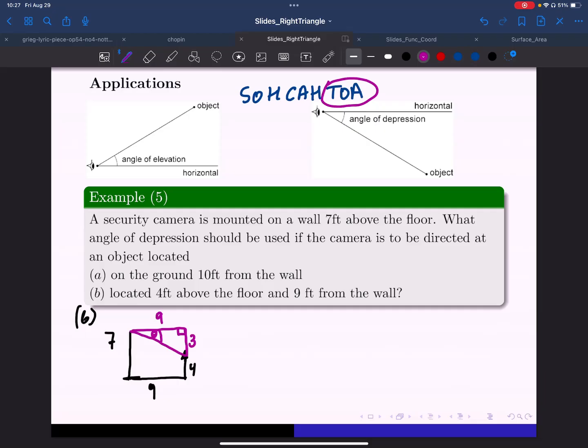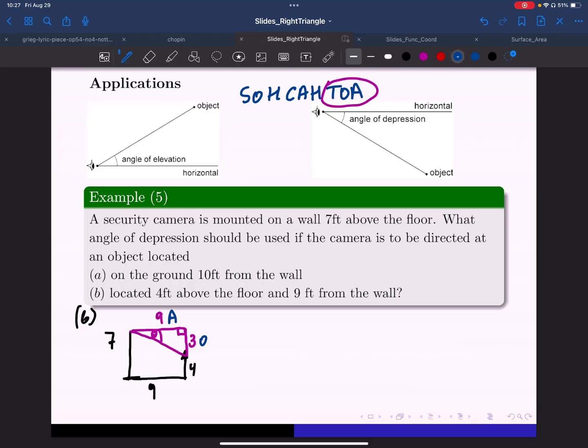So now we have the right triangle, and regarding the angles, regarding this angle, this would be my opposite. So 3 is opposite, and 9 would be my adjacent. So we have opposite and adjacent, and we are looking for what trigonometric ratio associates opposite and adjacent. So again, opposite and adjacent is tangent.